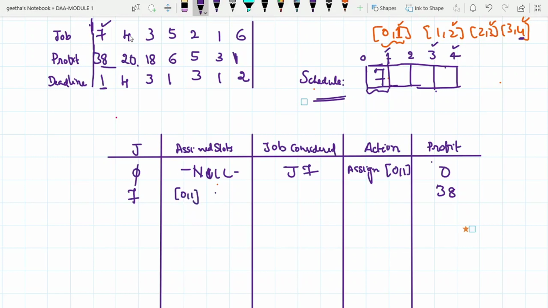The job considered next is 4, that is J4. This time you assign slot 3 comma 4, because 4 means this portion.